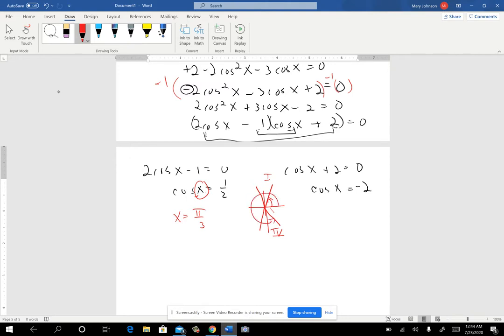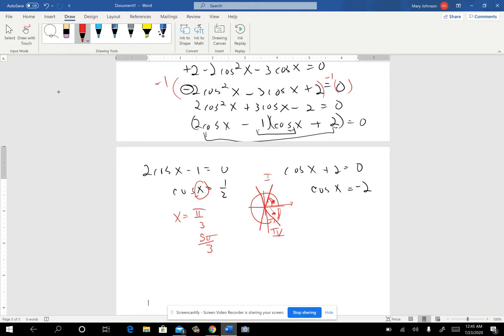Okay, so I have to think about what to call that. This angle and this angle have the same reference angle. So it's pi over 3 short of 2 pi. So that would be 5 pi over 3. Okay. All right, so that's 2 of them. Now let's see what we get from here. We want to know, where does cosine x equal -2?